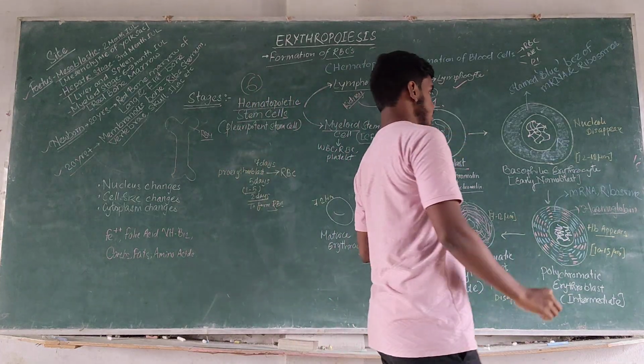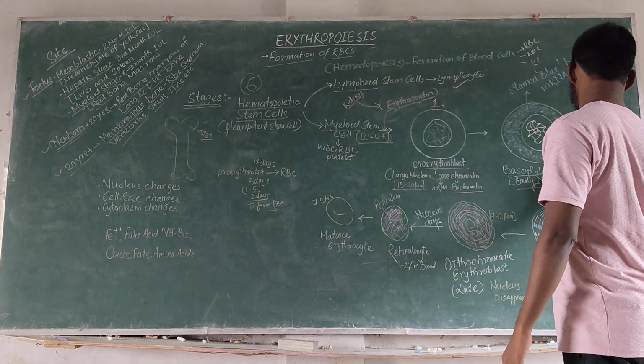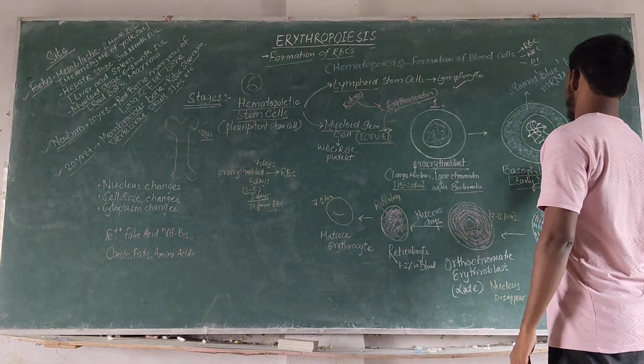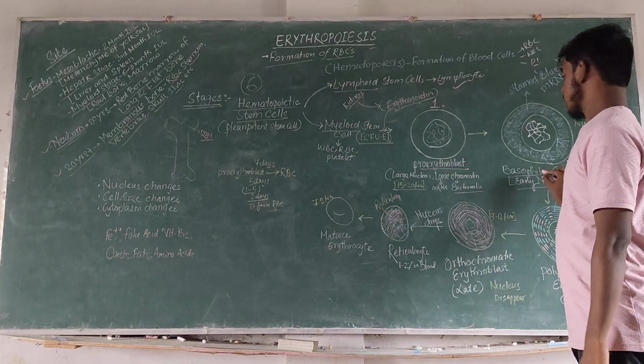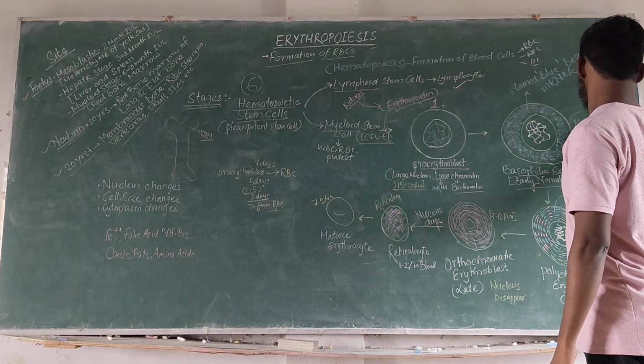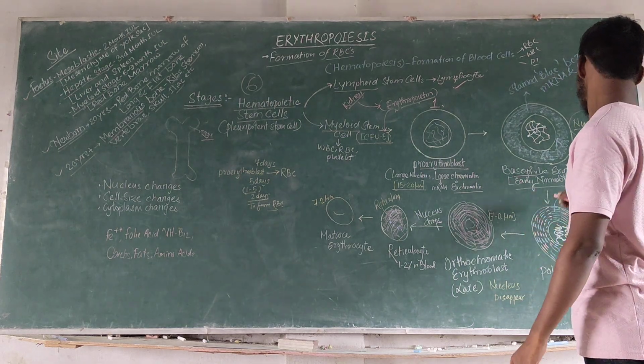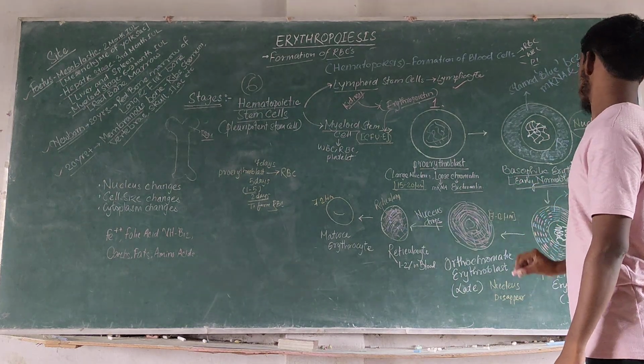And this is the second stage. This is early normoblast or basophilic erythroblast. What is it? In this stage, the nucleoli generally disappear. So it is an important phenomenon: in which stage nucleoli disappear. This is early normoblast.